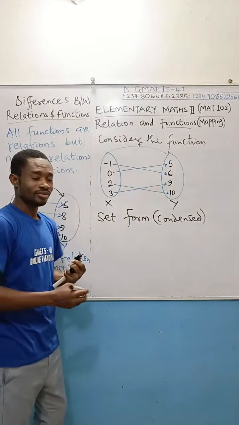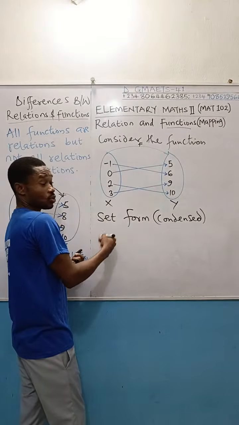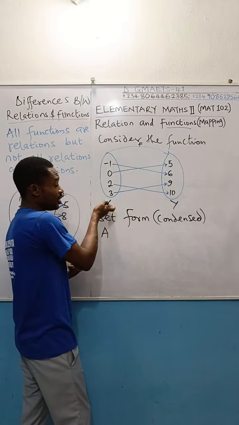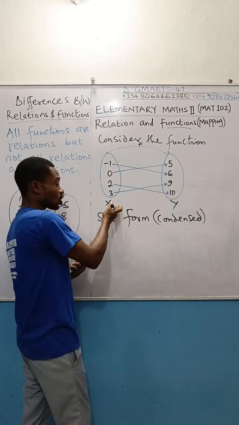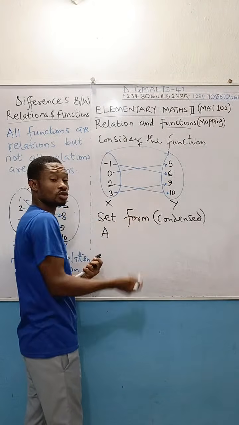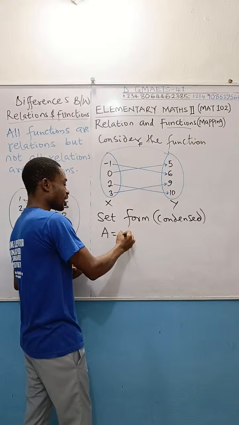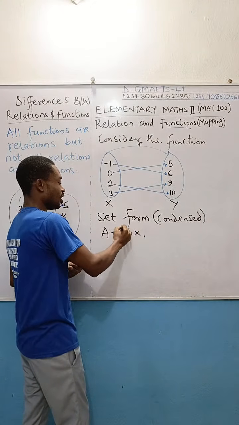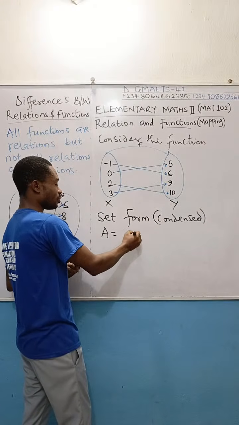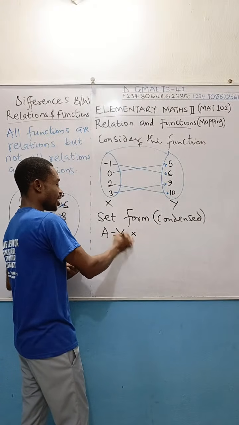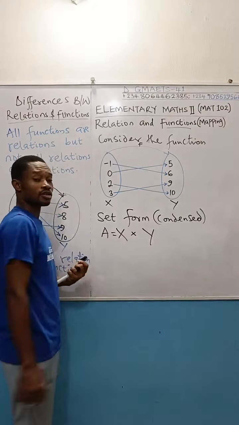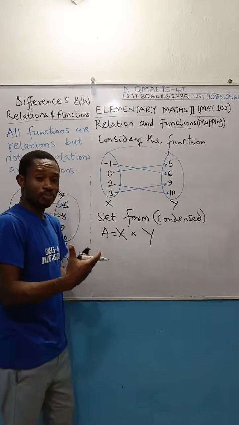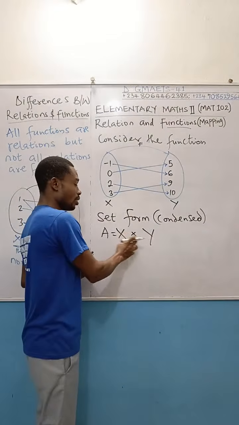We are going to define this set as maybe A, where A is a relation which is a Cartesian product of these two. So A is a Cartesian product of X and Y. How do I differentiate between this cross and X, Y? This is cross. A is a relation which is the Cartesian product of X and Y, domain and codomain.